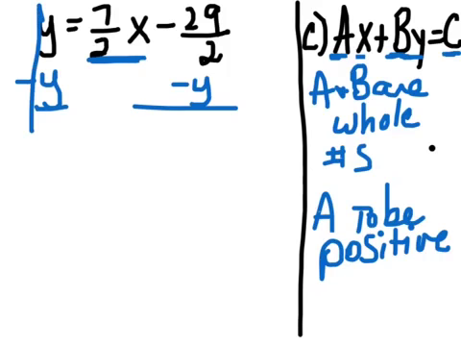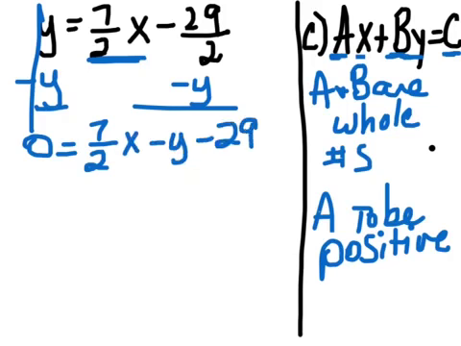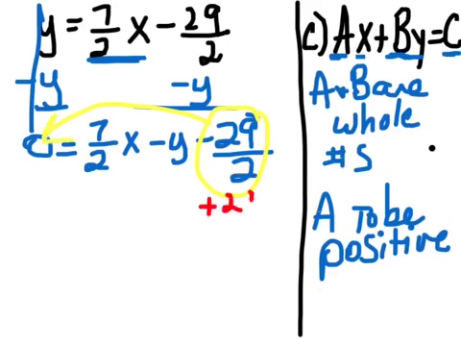Now, y minus y does cancel out, but it also adds up to 0, and you're going to want to put that there because you can't leave an empty blank on the left side of the equal sign. That's just not good. So here's what I have now. I know that I want the number part, this negative 29 over 2, to go over on the other side. So to get it over there, I'll add 29 over 2 to both sides.